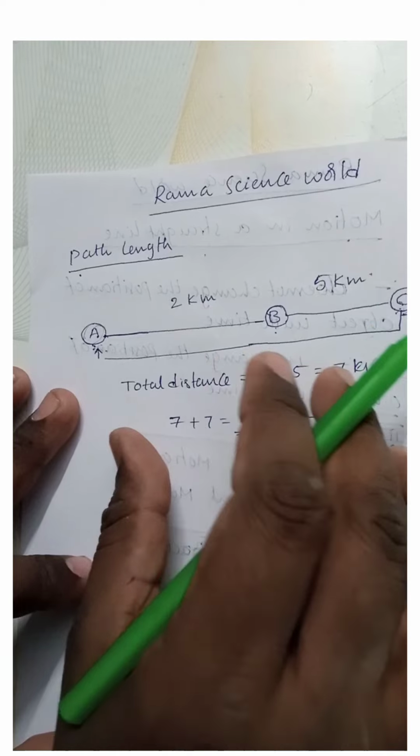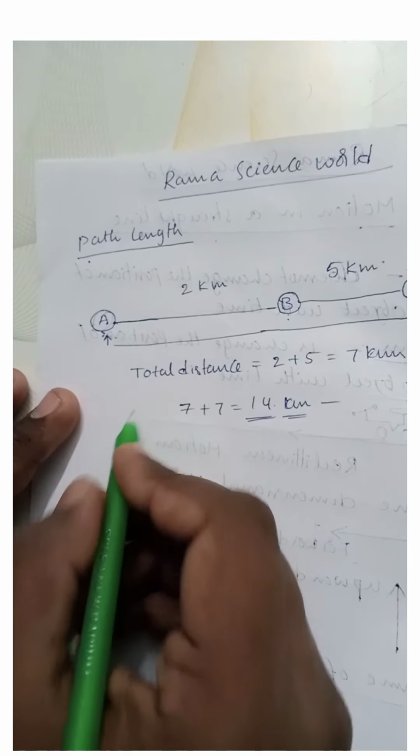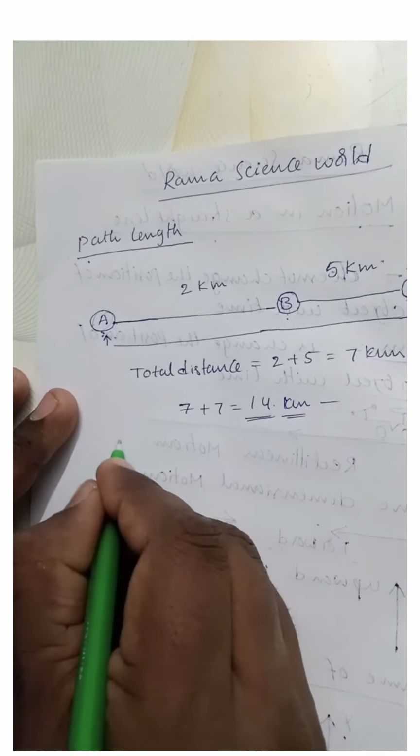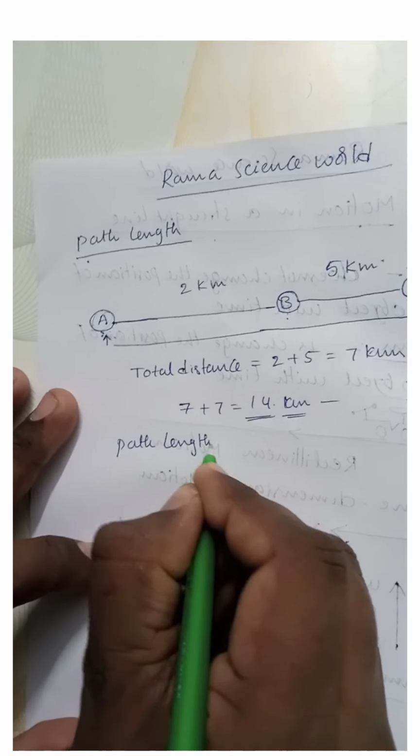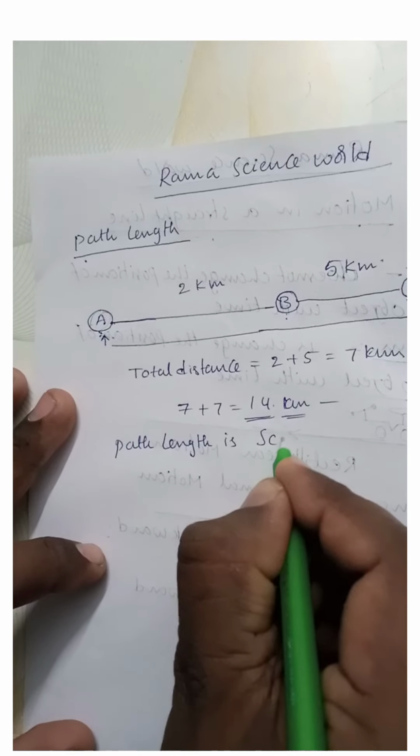Here there is no need to mention any direction. That's why path length is a scalar quantity.